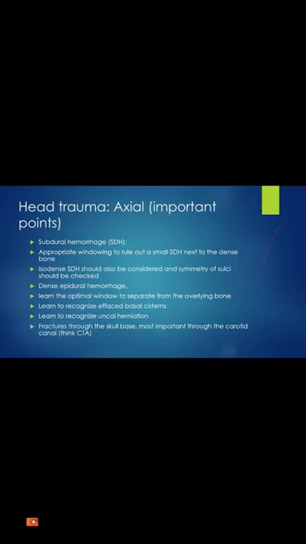But sometimes if the basal cisterns are effaced or partially effaced, it can raise a concern of something happening. You need to learn how to recognize effaced basal cisterns, uncal herniation or uncal medialization, fractures through the skull base, most important, and through the carotid canal specifically, and sometimes we might order a CT angiogram.